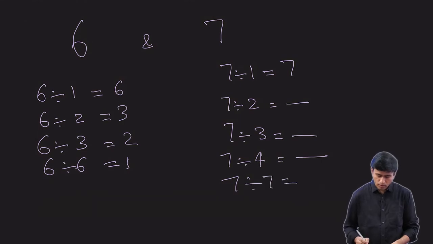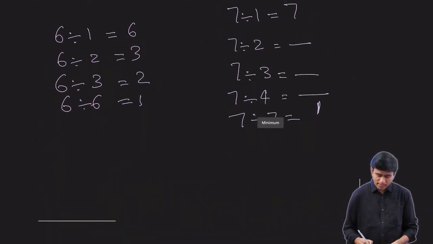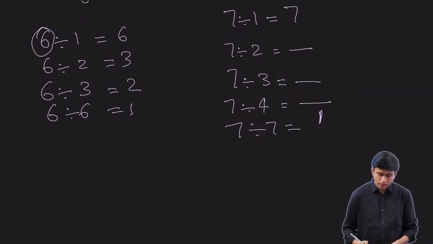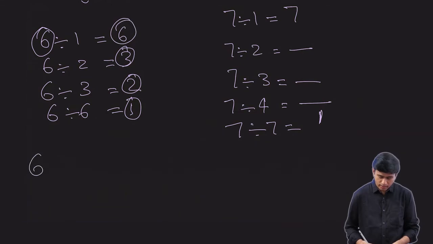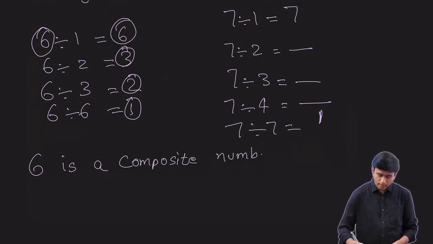So we can say that 6 is divisible by 1, 2, 3 and 6. So 6 is a composite number. Whereas 7 is divisible only by 1 and 7.